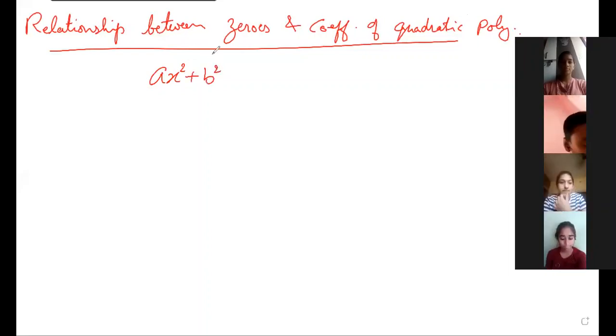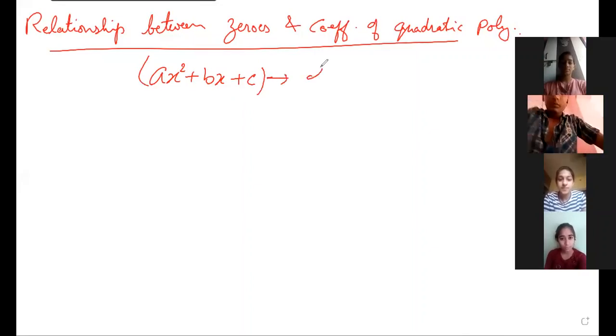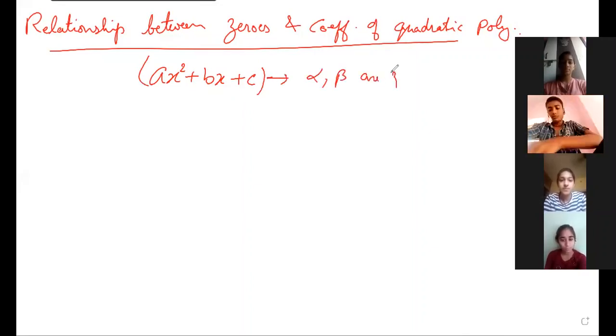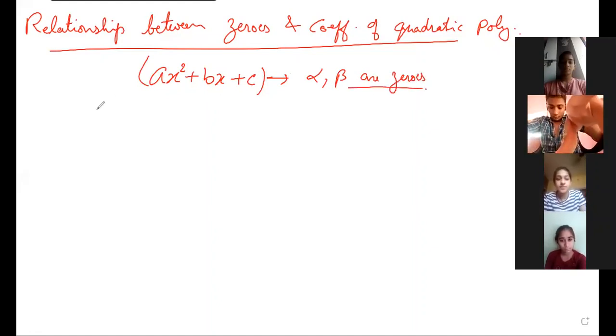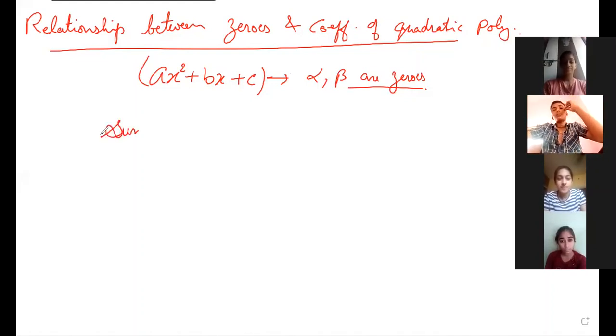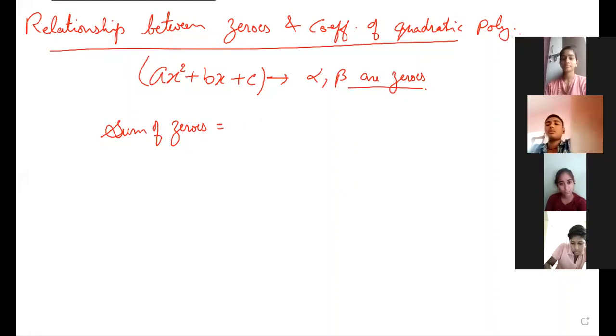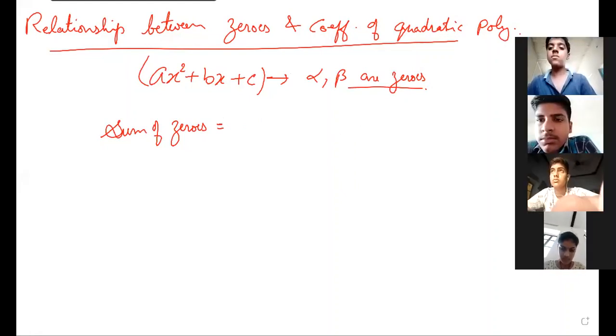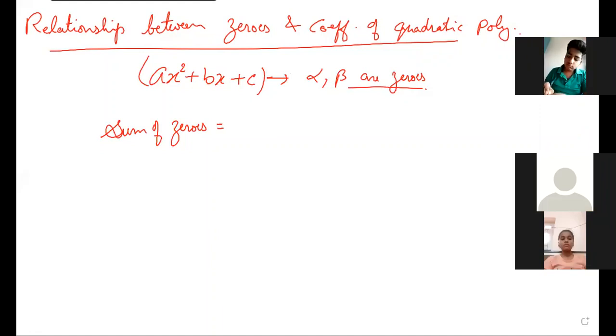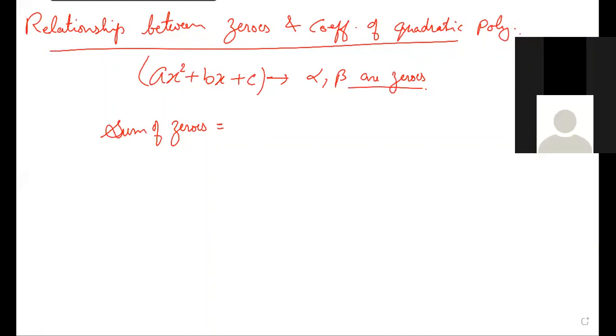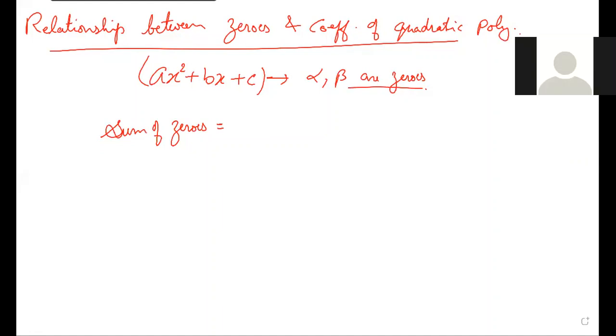If ax squared plus bx plus c is the quadratic polynomial and alpha, beta are the zeros, then what is the relationship? What is the sum of zeros equal to?